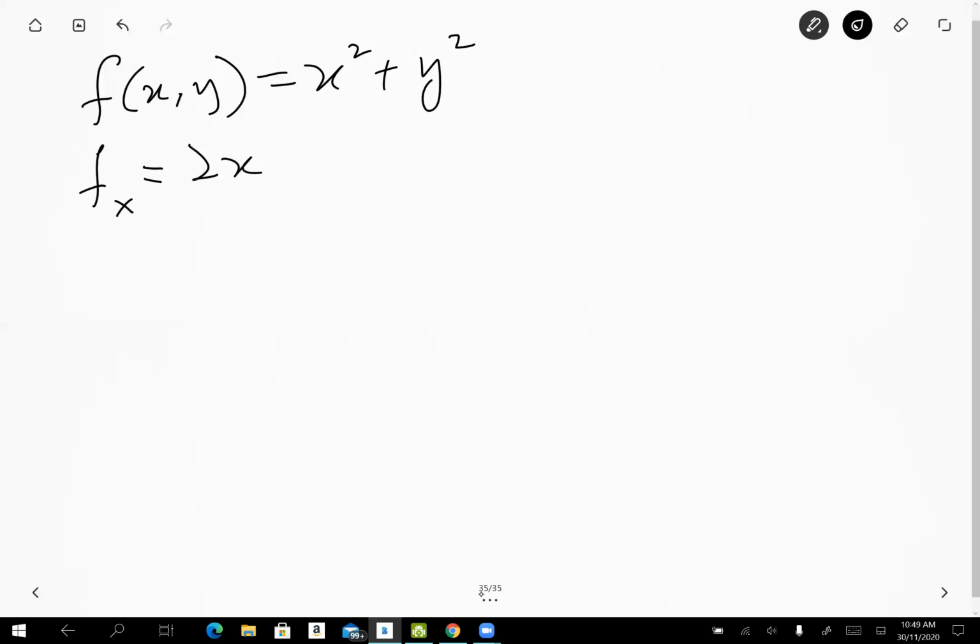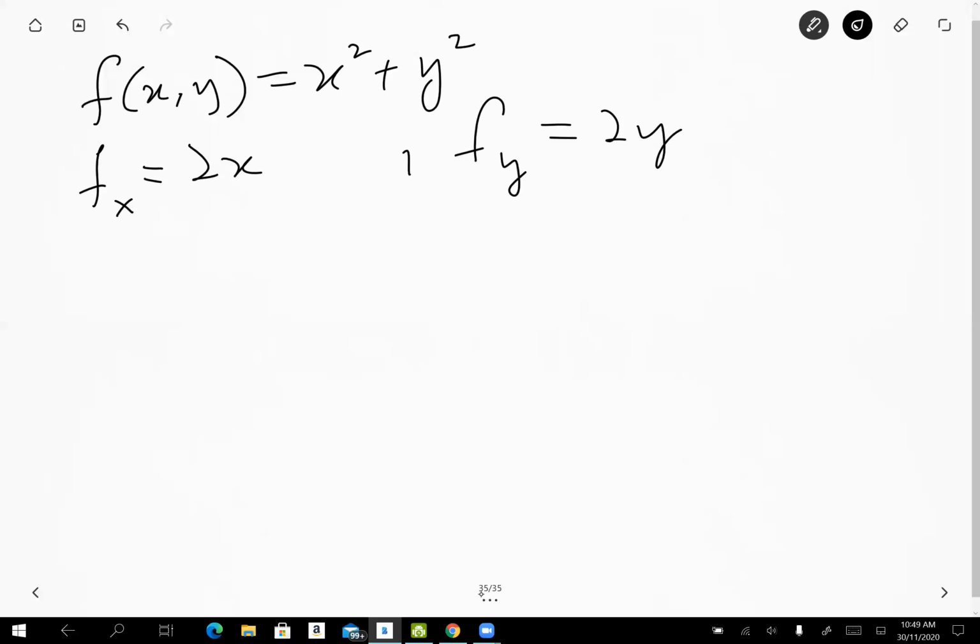You have f of x, y equal to x squared plus y squared. This is very simple. So what is fx? We can do this quickly. Fx equal to what? 2x. Good. Fy, 2y.